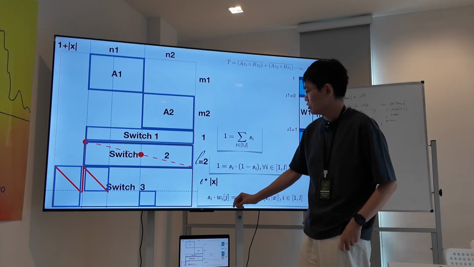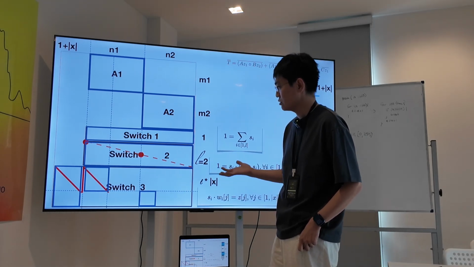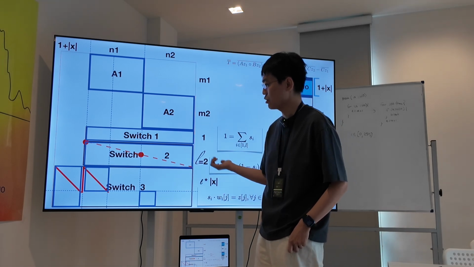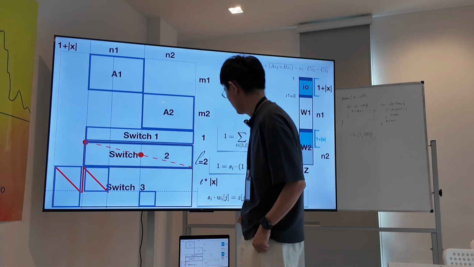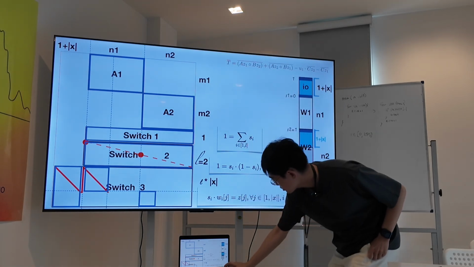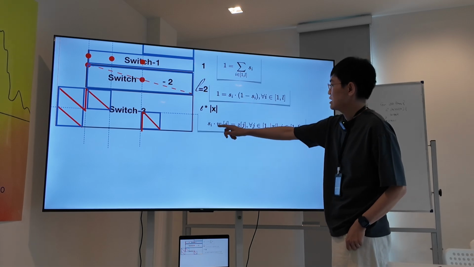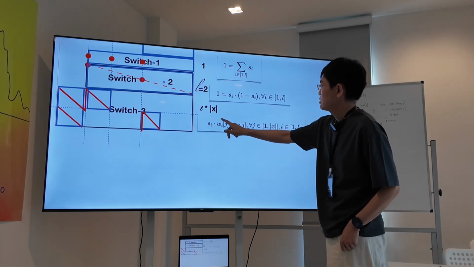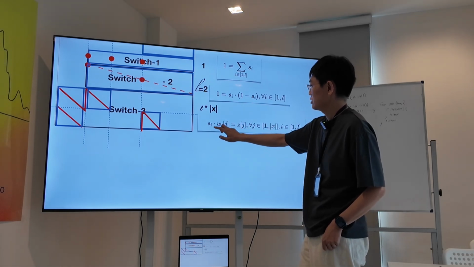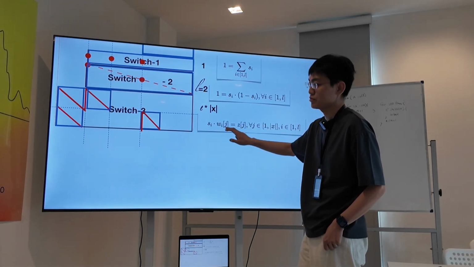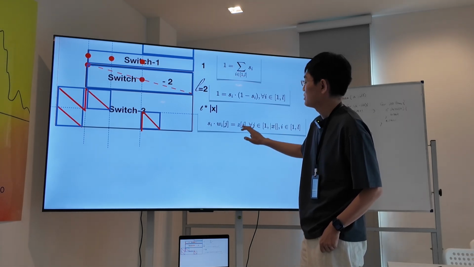And so let's look at each opcode. In each opcode, the constraint looks like this. It means that the selector and the witness of that opcode, the product of the selector and the witness of that opcode, must equal the public input and output.